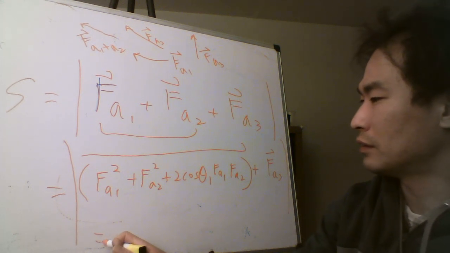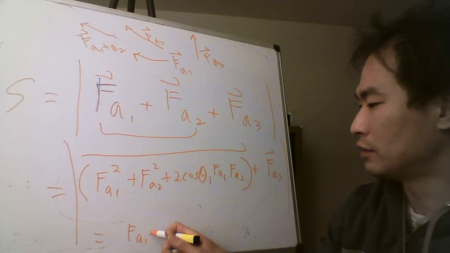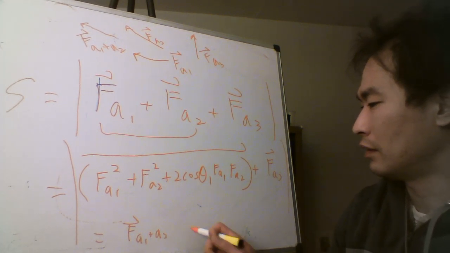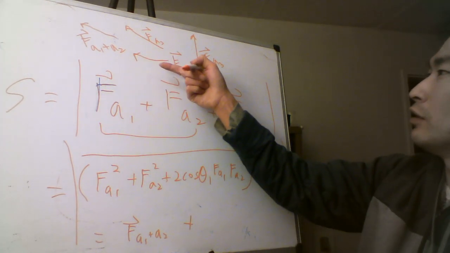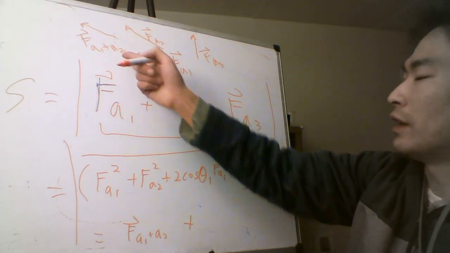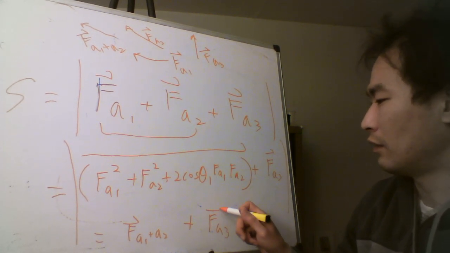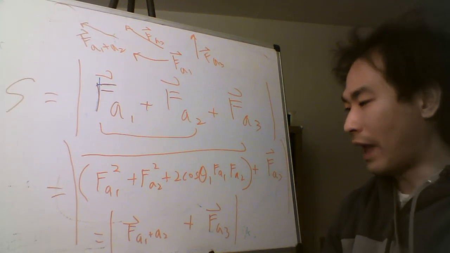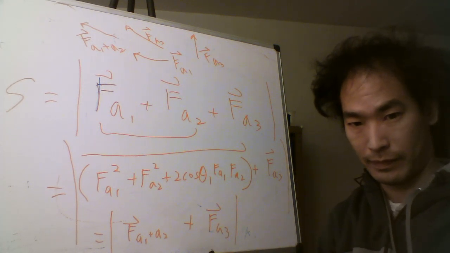We call this F of a1 plus a2, this huge vector, which is F of a1 plus F of a2, plus F of a3. The angle between these two vectors, we call it theta 2.